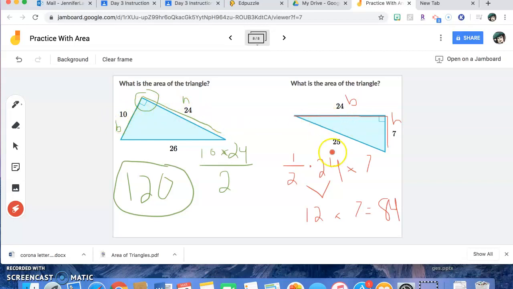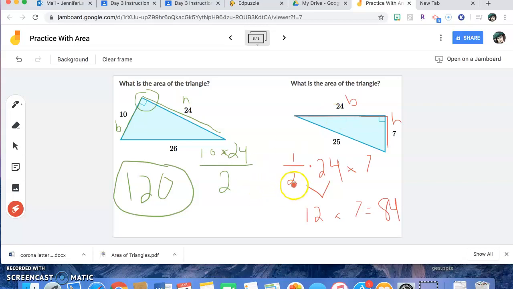Okay? On the one on the right, you should get an answer of 84 units squared. 7 and 24 are my base and my height. For this one, I don't want to multiply 24 times 7 and divide it by 2, just because that's more work for myself. So you always want to use the easiest way of the formula.